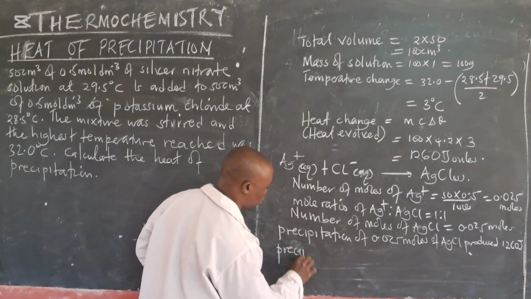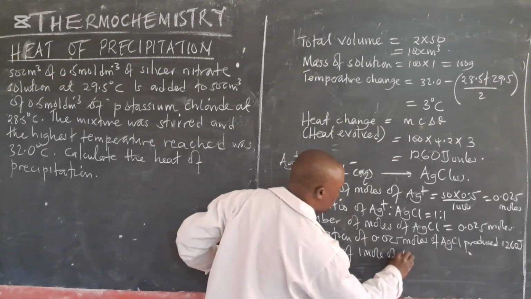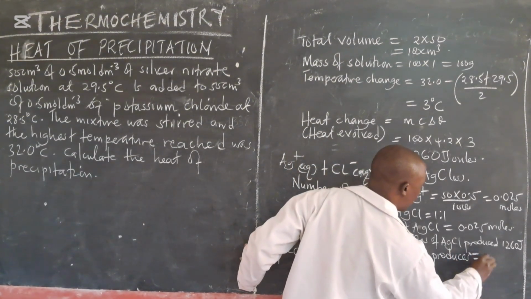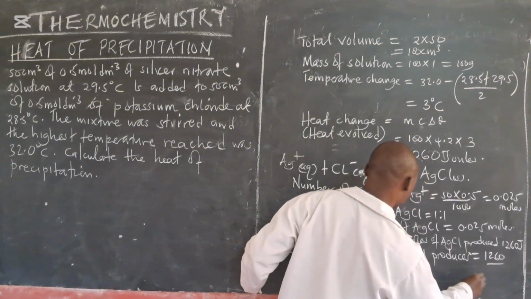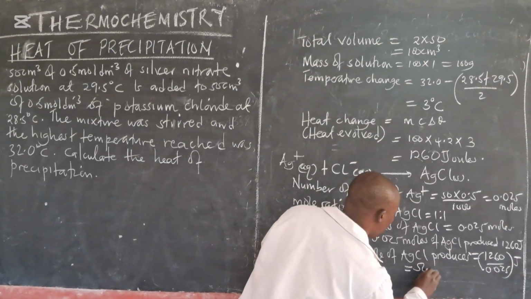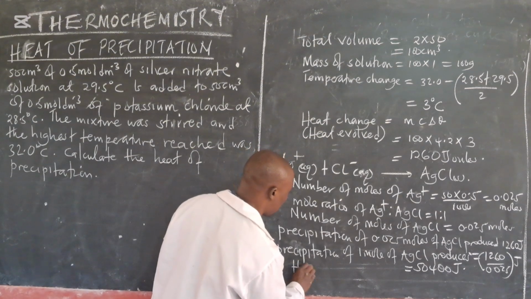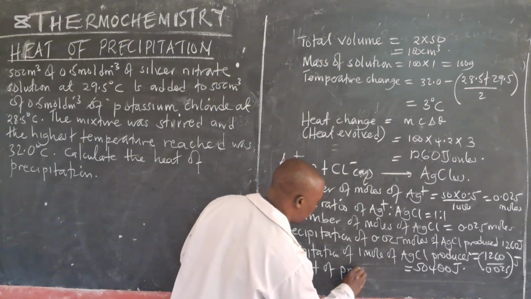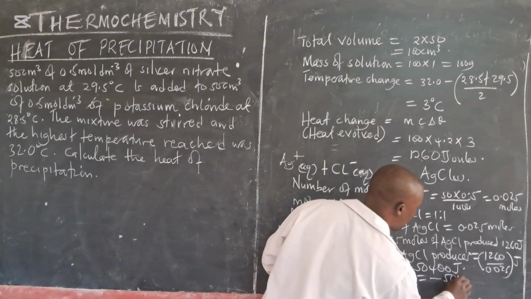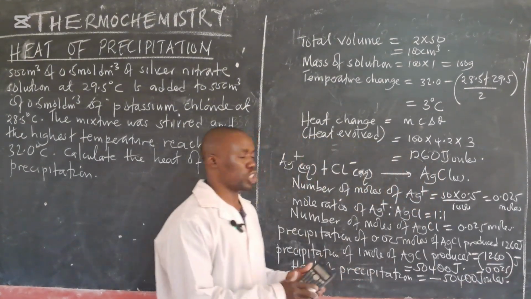Precipitation of 1 mole of silver chloride produces 1260 out of 0.025 joules of heat. This is 50400 joules. So the heat of precipitation is negative of this value in joules because it involves the liberation of heat.